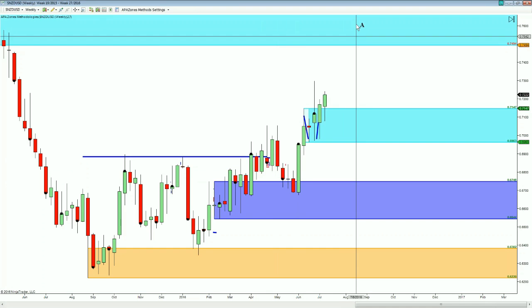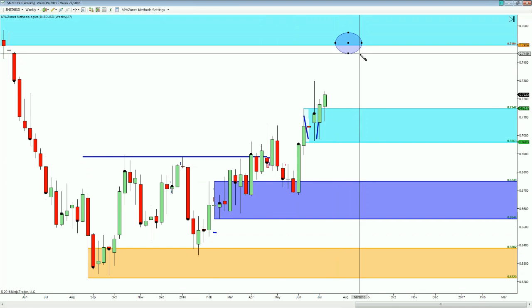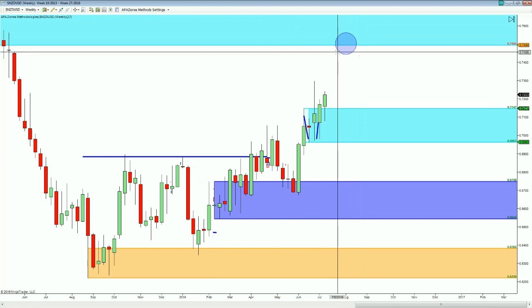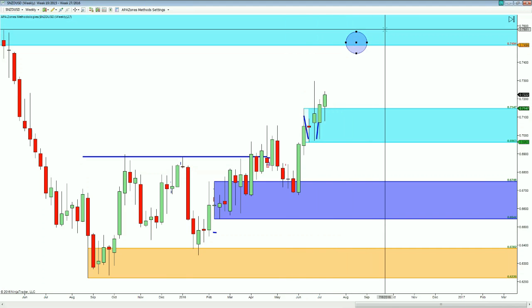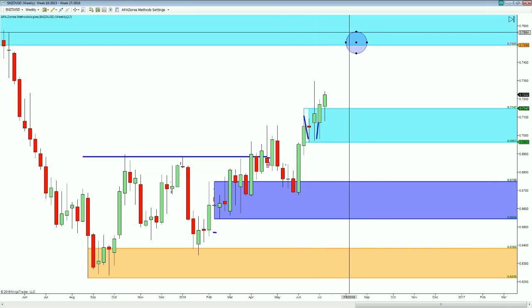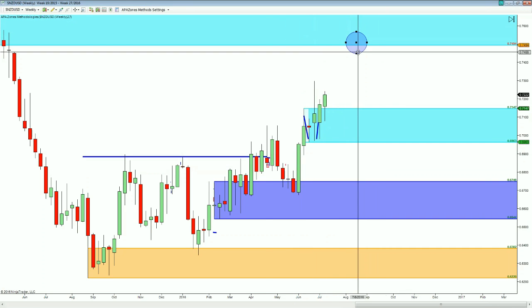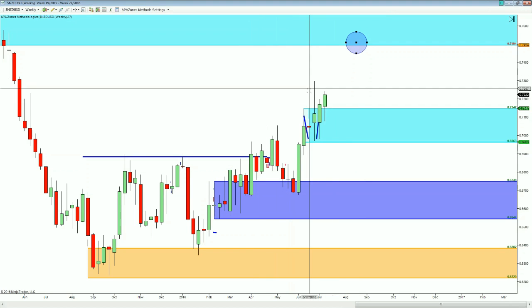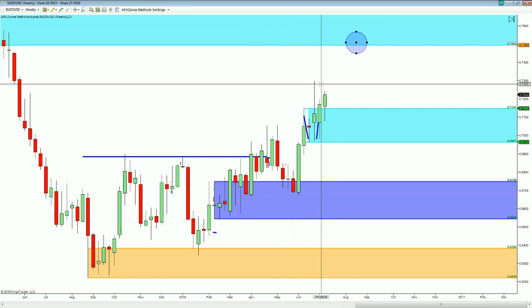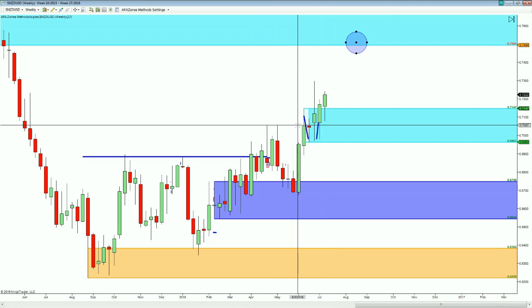I've been looking for a target of all the way up here for probably a few months now, and was looking for this to happen on the New Zealand dollar as well as the Euro dollar. I think the New Zealand dollar is actually going to work, but on the Euro dollar, obviously it went back into the range, and we didn't see the nice breakthrough that we did on this particular market.